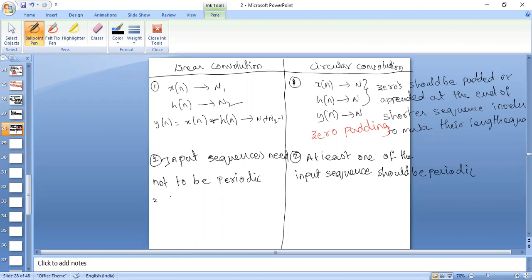And the next one is output is also periodic here. Here, output is also periodic with the same period as input.